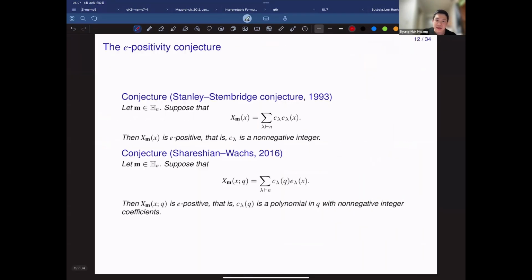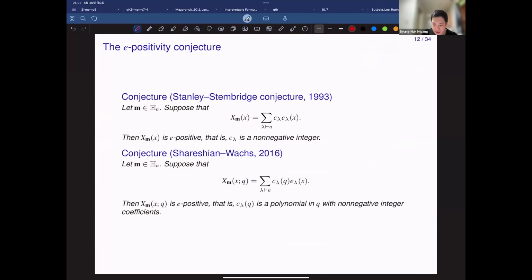There is a famous conjecture in algebraic combinatorics called the e-positivity conjecture, also called the Stanley-Stembridge conjecture.